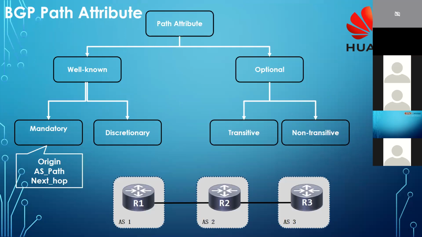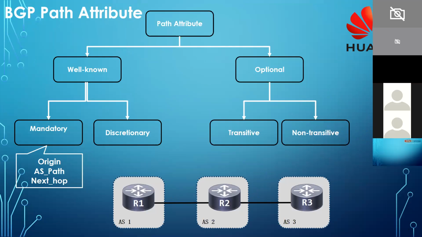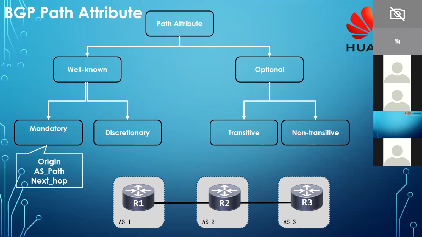Okay. So well-known means that all BGP speaking routers need to identify this attribute. For example, among the discretionary attributes we have local preference, and all BGP speakers need to identify and know the local preference attribute, because local preference is a well-known discretionary attribute.